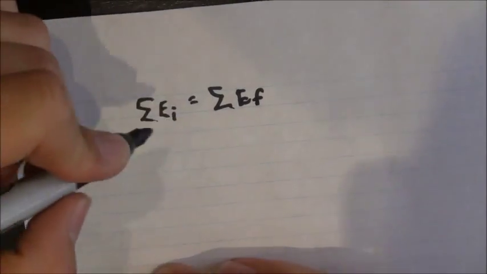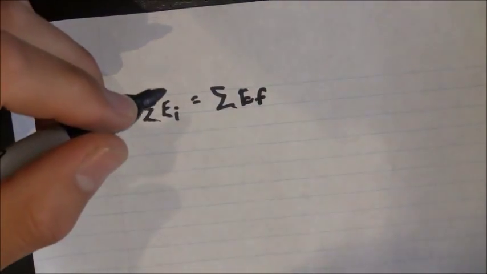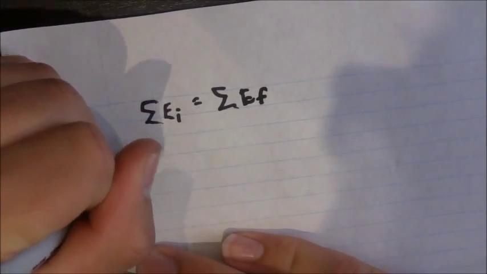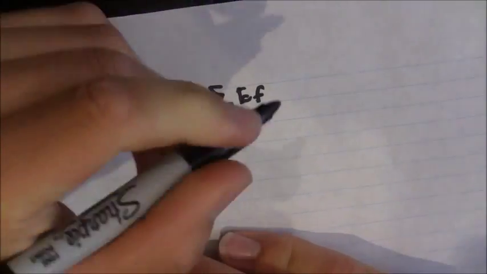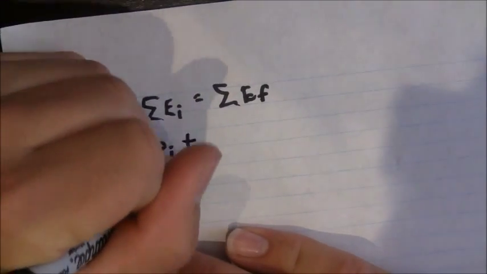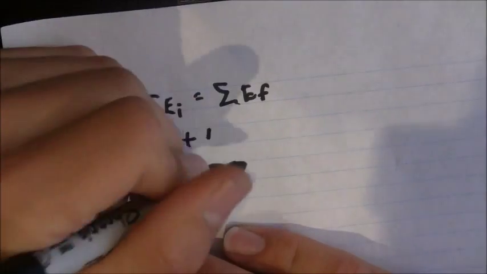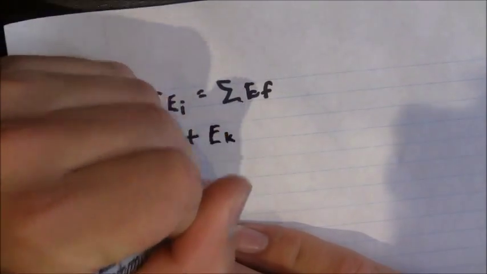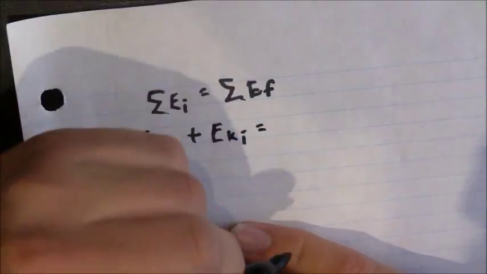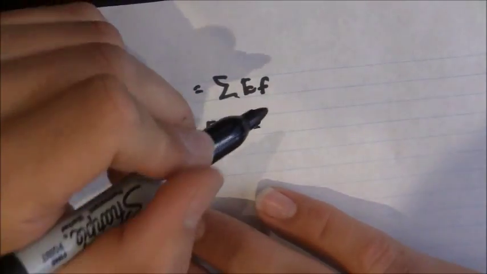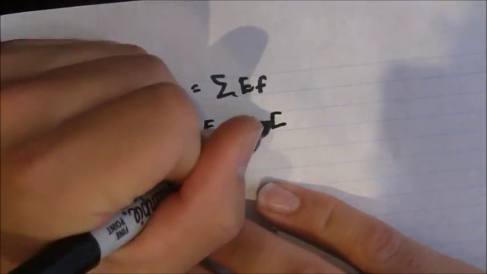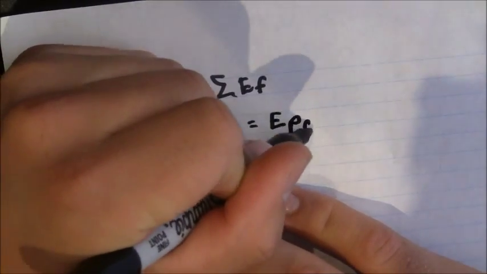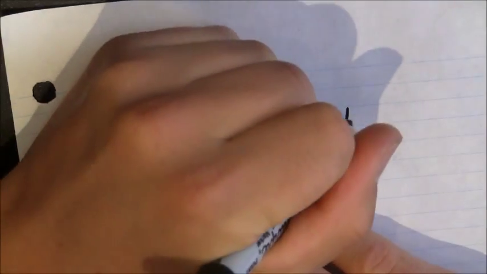So let's break this down. Let's say that initial potential energy plus initial kinetic energy equals final potential energy plus final kinetic energy.